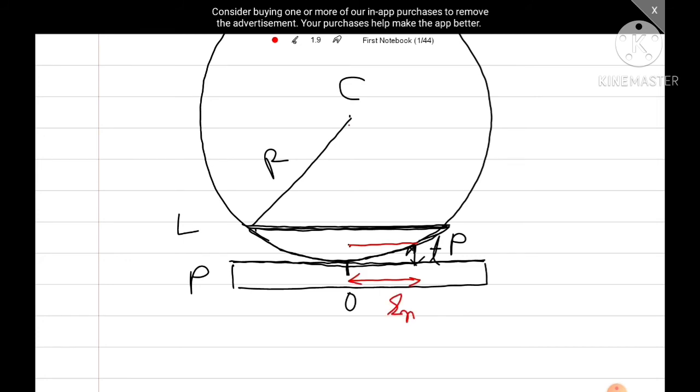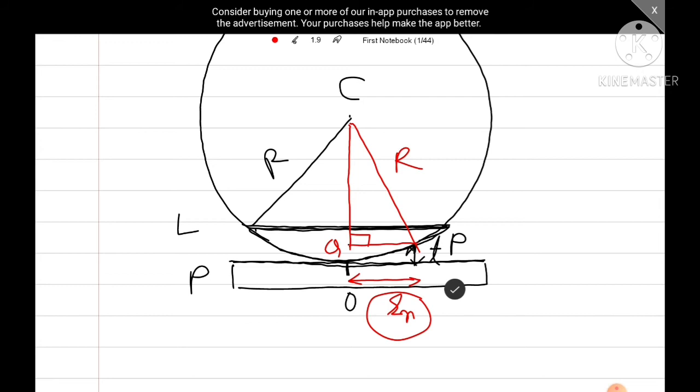Now let us draw a line from C to this point Q. So here we have got a right angle triangle CQP. Now CP means radius of curvature R, and QP is considered as Rn, the radius of the nth ring.